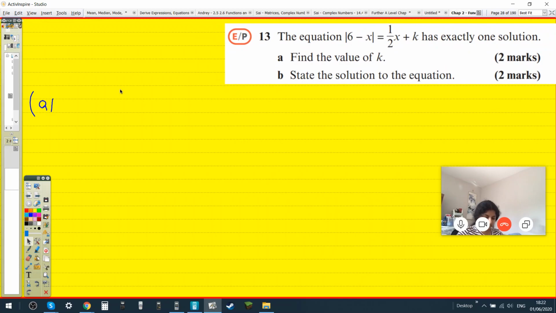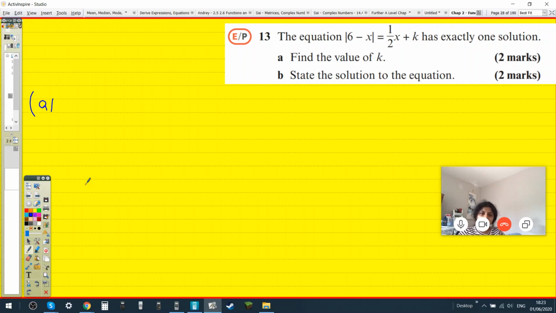There. Has exactly one solution. How do you do that? Wouldn't it just be 6? I don't know. How do you get 6? No, that's just where the minimum point of the modulus is, but I don't know how to do it.